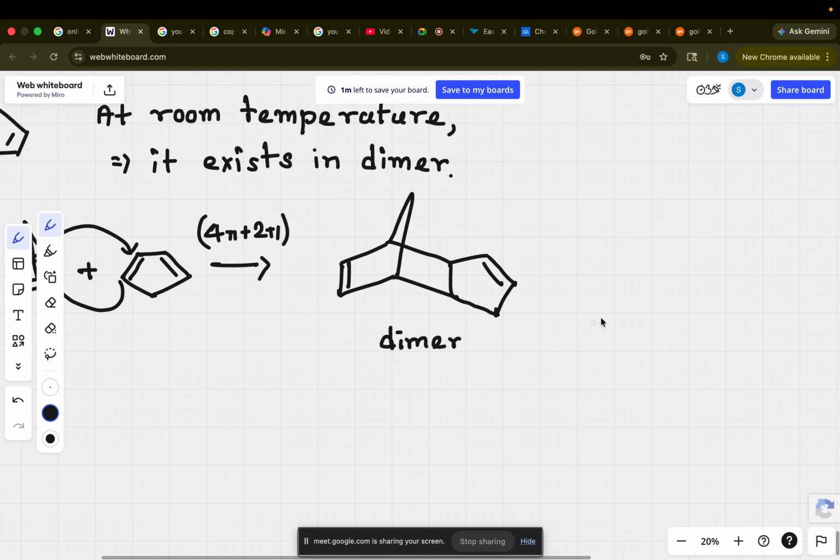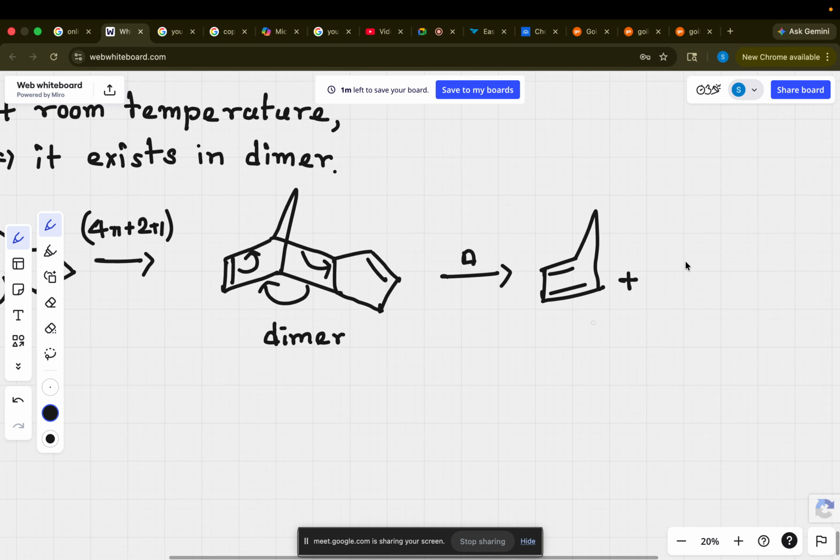But what will happen if you further heat this compound, if you further increase the temperature? This bond will break. How will it break? This bond will come to here, this bond will go to there, and this bond will come to here. So ultimately, if this bond breaking takes place, what you are getting is this one plus this, and you are getting back your cyclopentadiene.